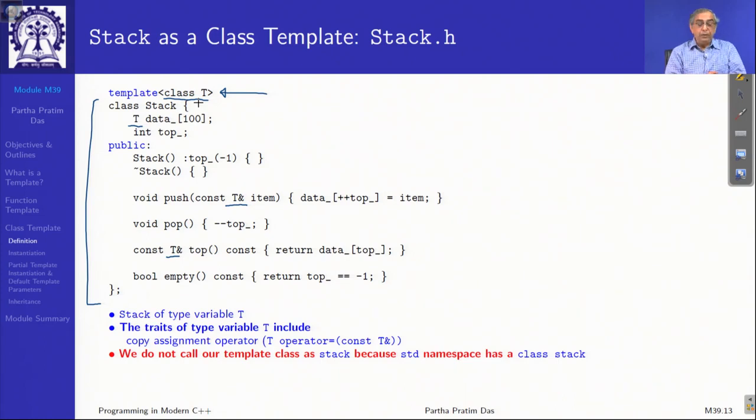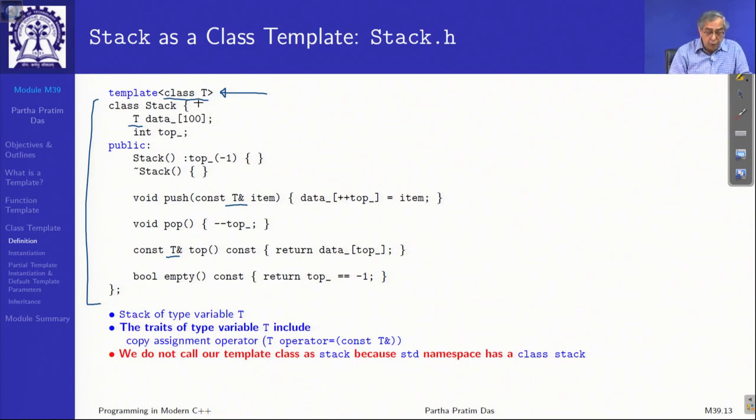Now, naturally, the question is, if T is a type, then what are the properties that T should have? These are loosely called traits. Traits are a big matter of study, but we will just take it in the way that certain properties this type must satisfy to be able to use it as an instantiation type for the class template.